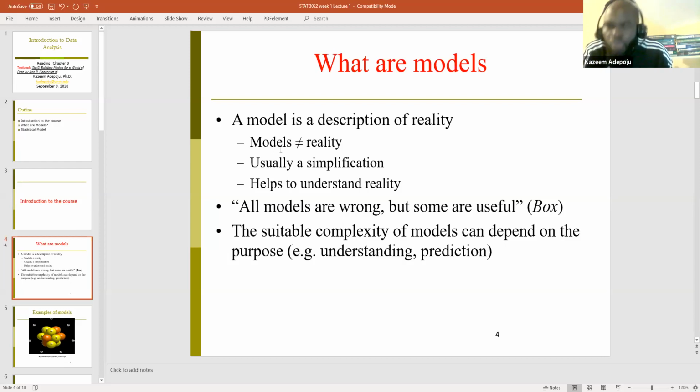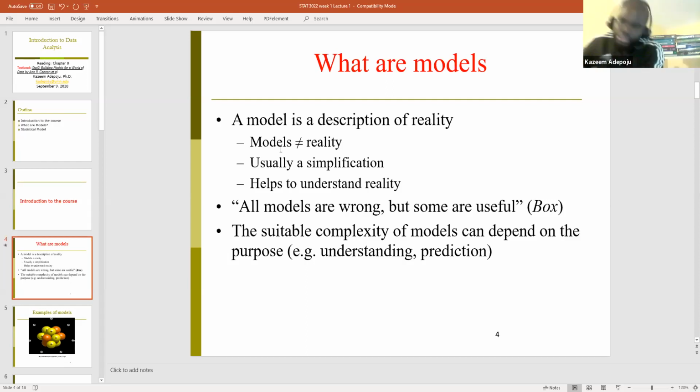But we need to identify models that are useful. It is not all models that are useful. Like I said, if we want to understand the world, we need to get our data set, and after getting the data set, we need to have a model.